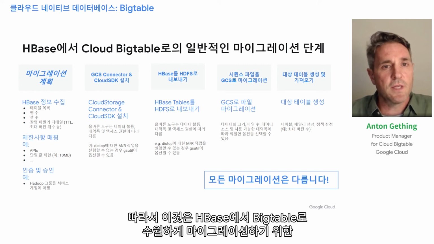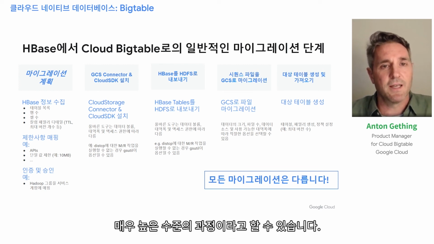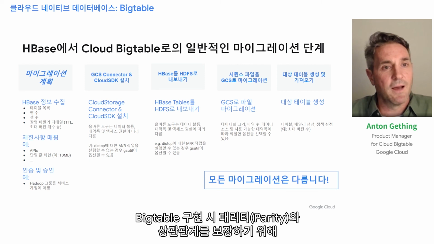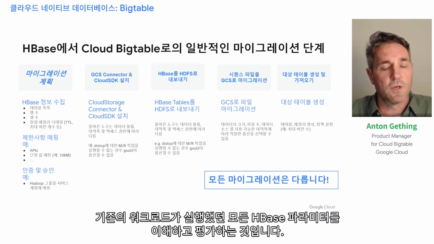So these are the very high-level steps in order to facilitate a migration from HBase to Bigtable. Very important is to plan the migration, understand and evaluate all the HBase parameters that the existing workload has implemented in order to ensure parity and correlate with the Bigtable implementation.